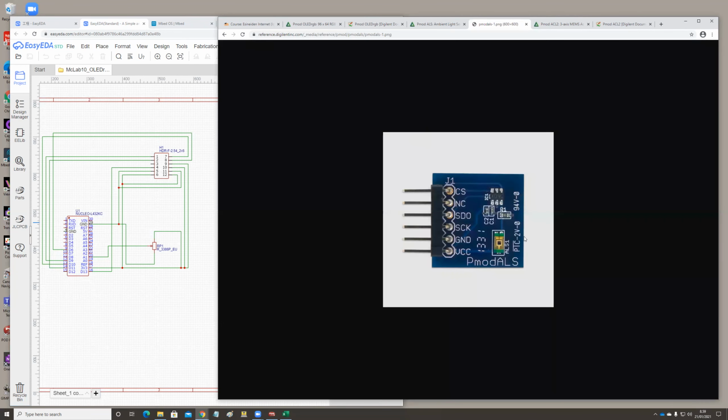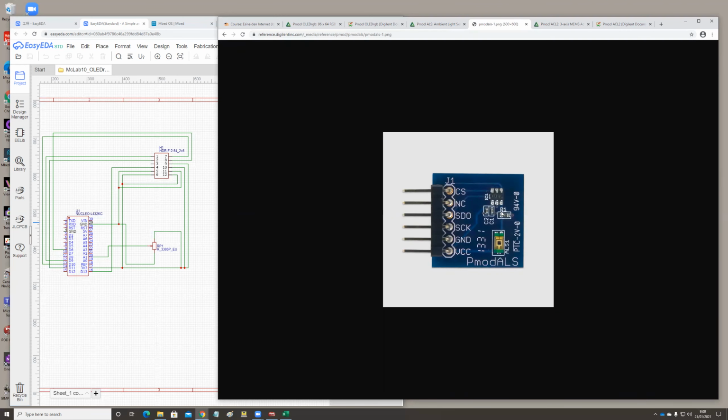So the ambient light sensor itself is a photodiode, and then the circuit is very simple. There is one resistor, a capacitor, and one integrated circuit, and nothing else. That's the module.